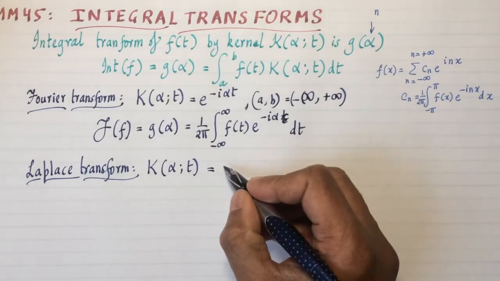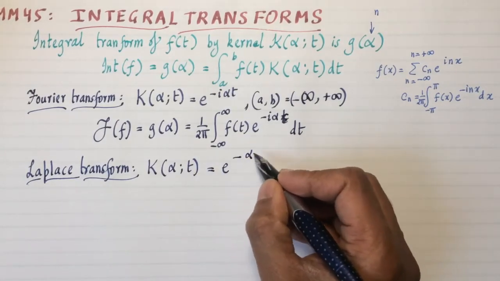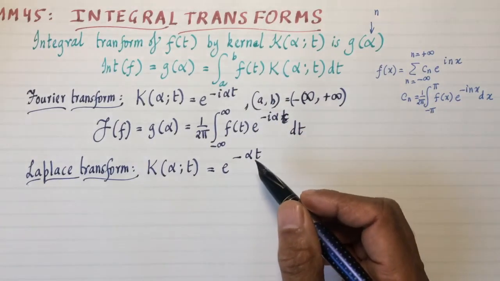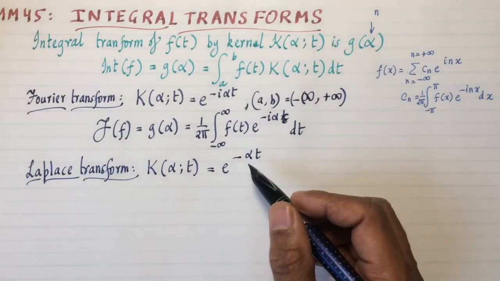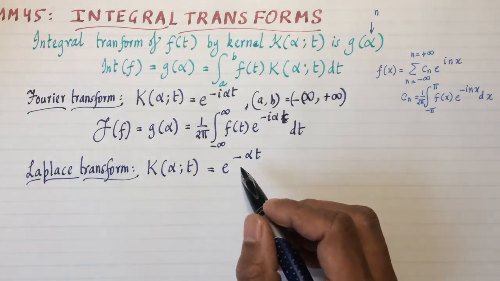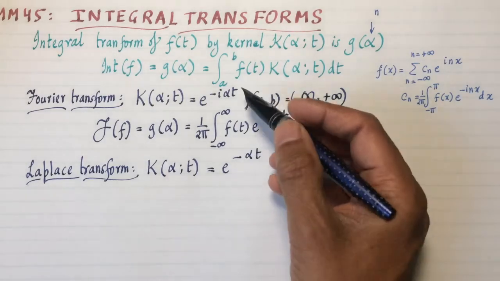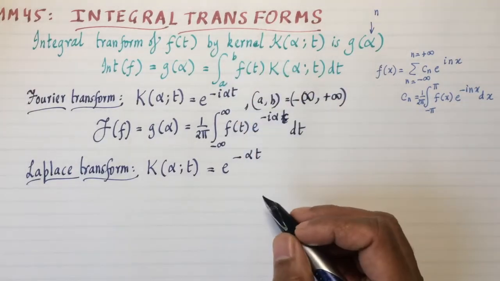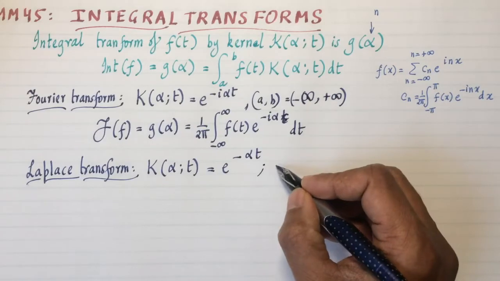The kernel now is e to the minus alpha t. So you can already see there's a very interesting relationship between the Fourier transform and the Laplace transform. Basically, if you rotate the Fourier transform from the imaginary axis to the real axis, you get the Laplace transform, and vice versa. So that's the connection between the Fourier and the Laplace transform.